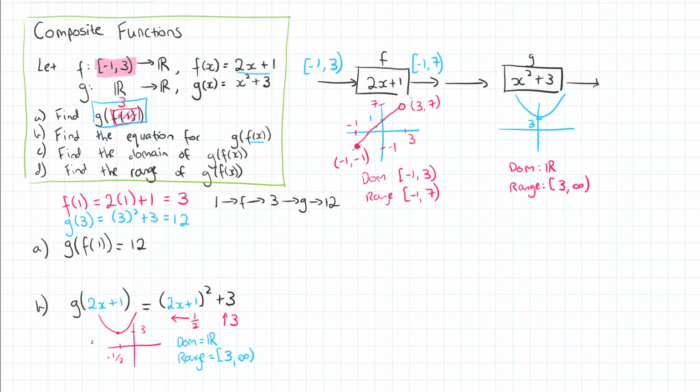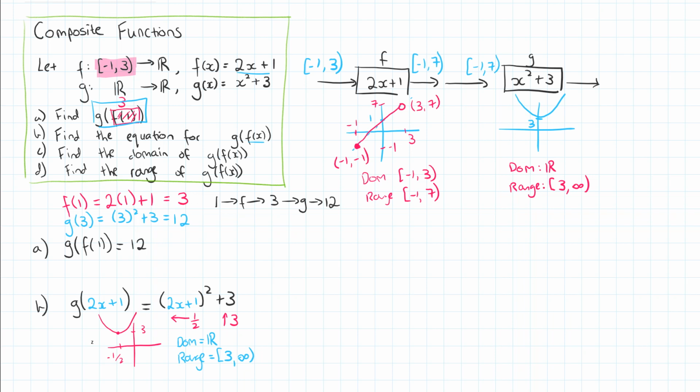Okay, so this now gets fed into G. So we're going to pass -1 to 7 into G. And here's where the issue is. Our original G function had a domain of all real numbers. But we can't have all numbers coming in because now we're restricted to numbers between -1 and 7.